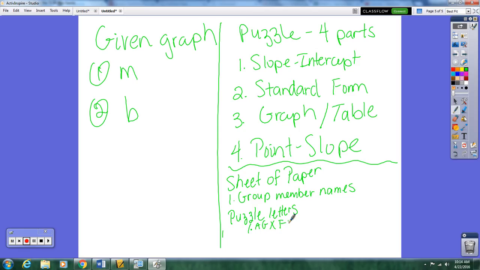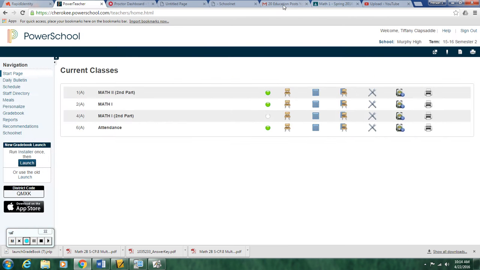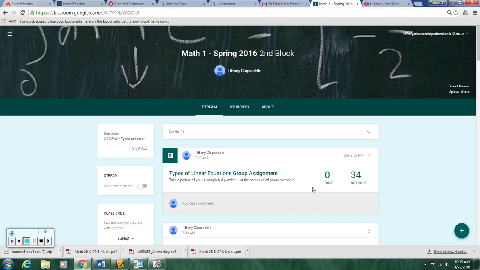Okay. Then the other thing you're going to do, you should have received an email if you had checked your email, but there is a group assignment on here. You're going to have to go to Google Classroom. You're going to need to take a picture of each puzzle put together and upload it to Google Classroom.